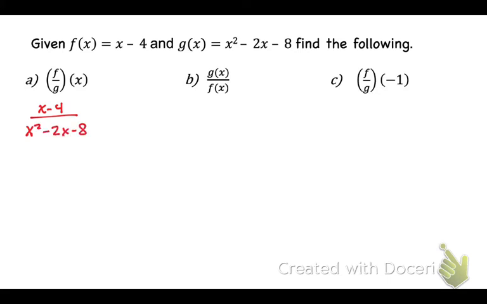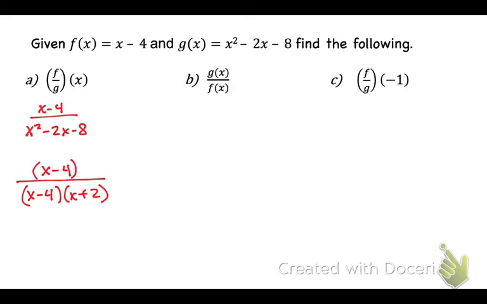Factor. So I have x minus 4 over what? Now you've got to factor it. Factors of 8 that have a difference of 2. 4 and 2, maybe. So x minus 4 and x plus 2.